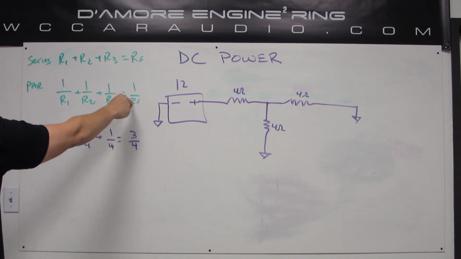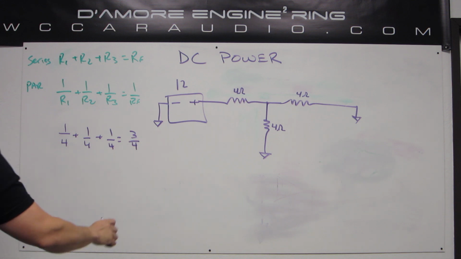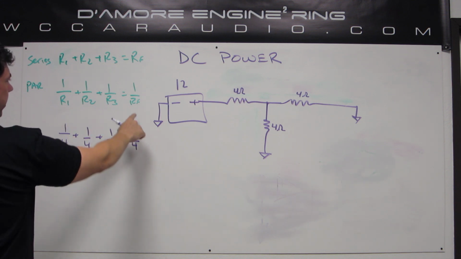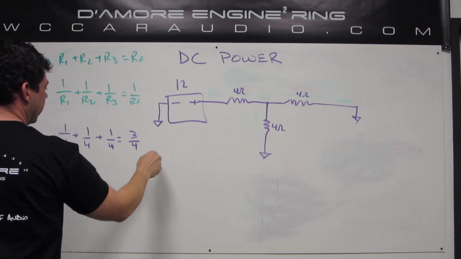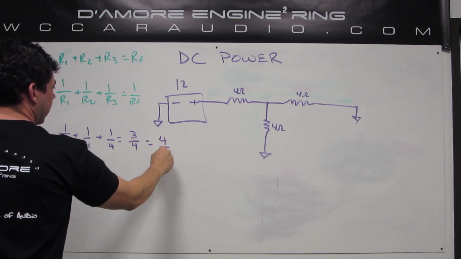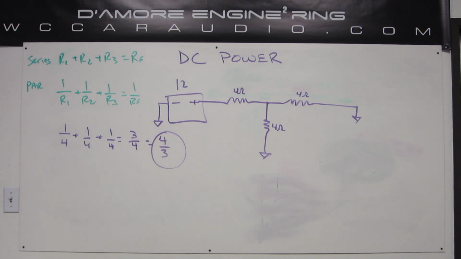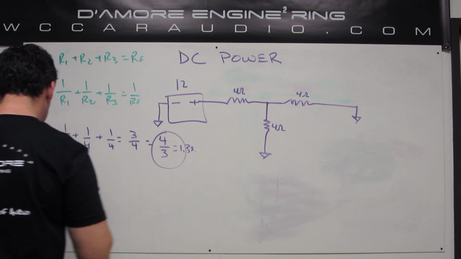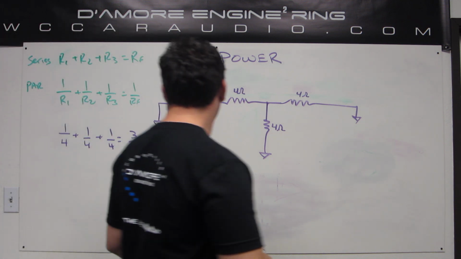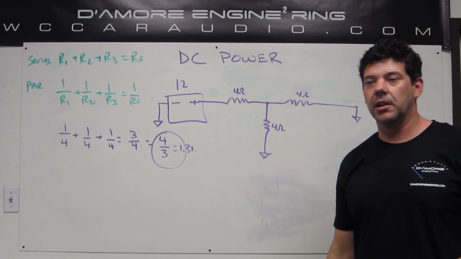And since the answer is 1 over the final resistance, you have to flip it, invert it, to just get the final resistance. So this is your final answer for 3 4-ohm loads in parallel, 1.3333.